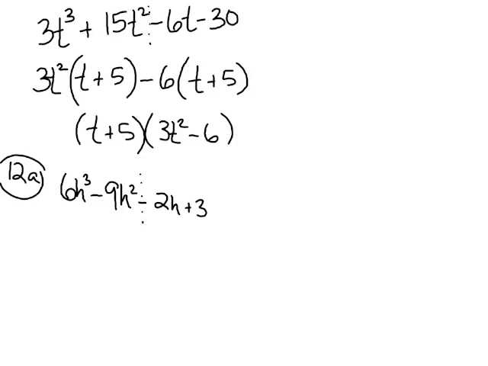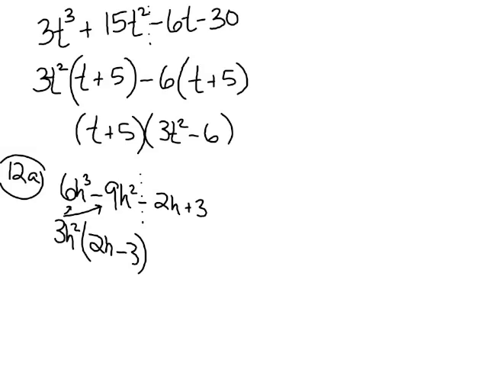What can I pull out of the first set of terms? 3h squared. Okay. What do I have to multiply 3h squared by to go back to that? 2h. And how do I get 3h squared back to 9h squared? Minus 3. Okay. So this is what's inside my parentheses, 2h minus 3.